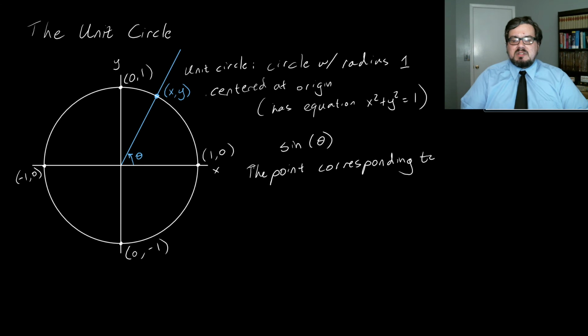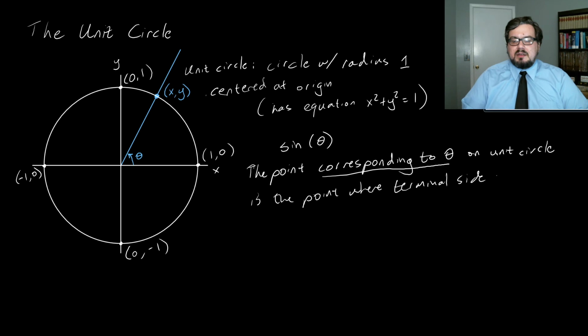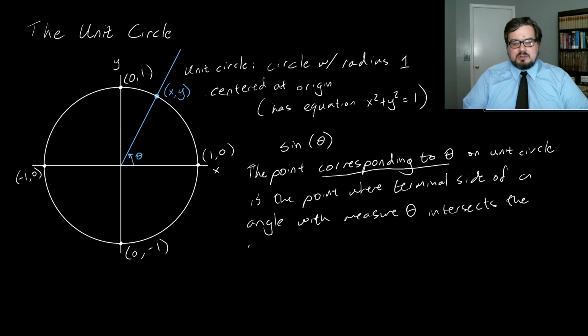So the point corresponding to theta on the unit circle is the point where the terminal side of an angle with measure theta intersects the unit circle.